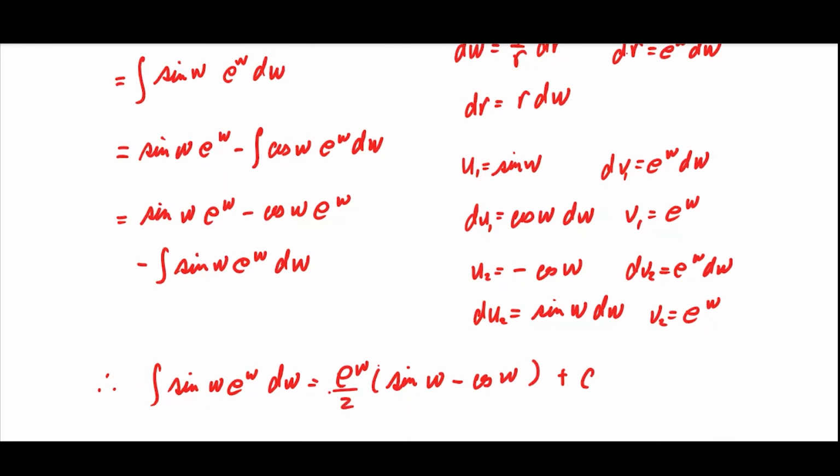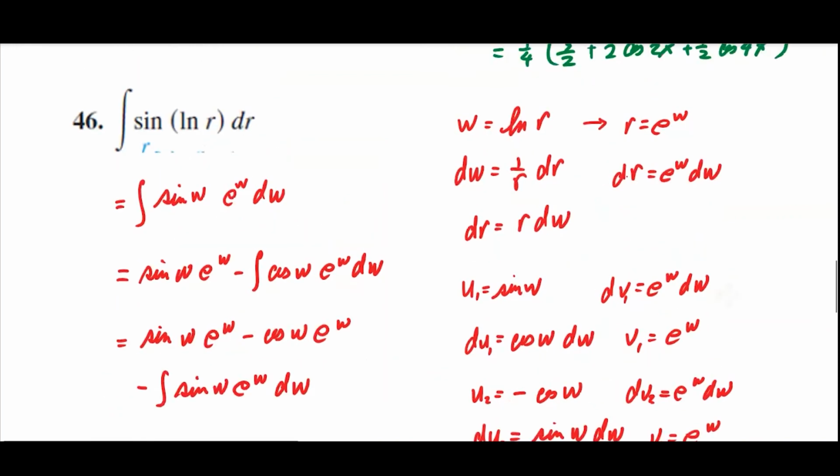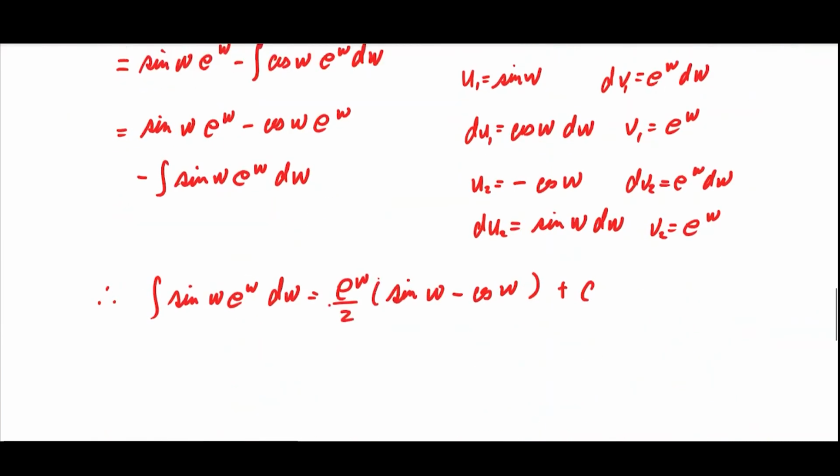Now we're not done, because w is something that we created. We need to switch it back to r. So let's go back and remember what r was. Oh, here's my r. R is e to the w, or w is equal to ln r. Okay, substitute those in.